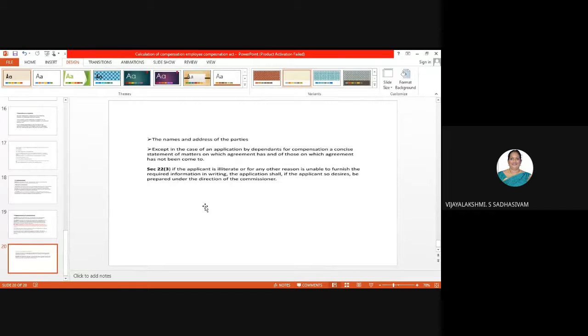In an application made by the dependents for compensation, a concise statement of the matters on which agreement has been reached and on which agreement has not been reached. Section 23(3) reads that if the applicant is illiterate, or for any other reason is not able to give the required information in writing, then the application, if the applicant so desires, can be prepared under the direction of the commissioner.